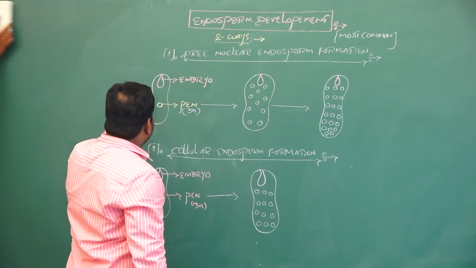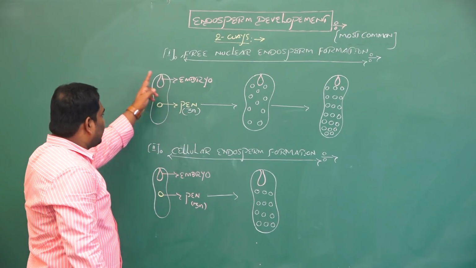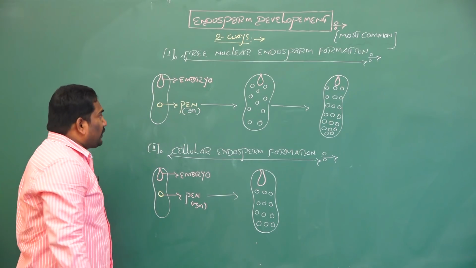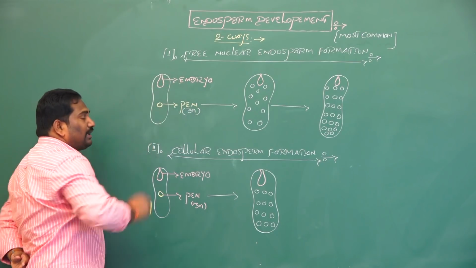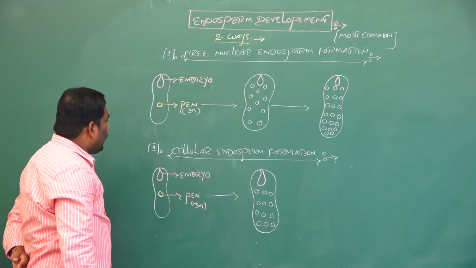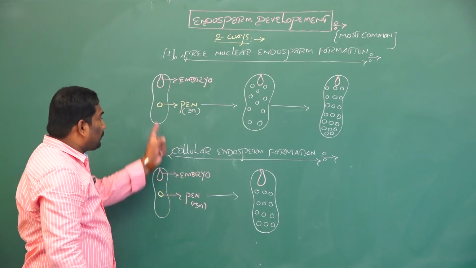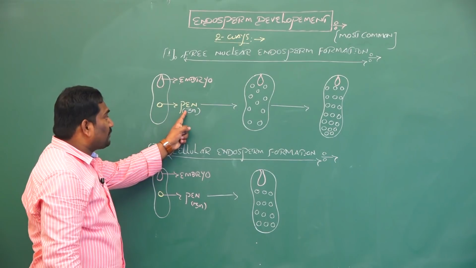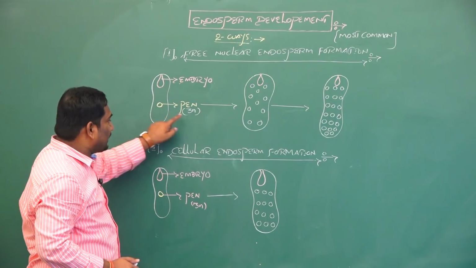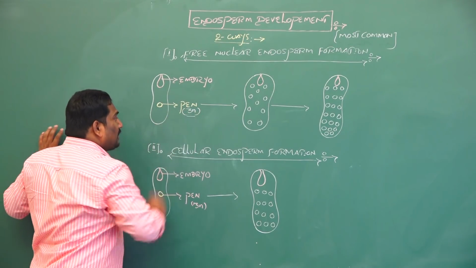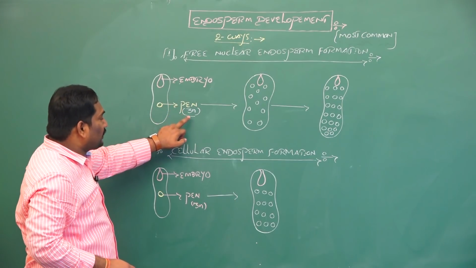For example, this is the embryo sac or female gametophyte. After fertilization, the zygote develops into the embryo and the primary endosperm nucleus. Due to triple fusion, the primary endosperm nucleus is formed. It is triploid in nature, with 3 sets of chromosomes in each cell.